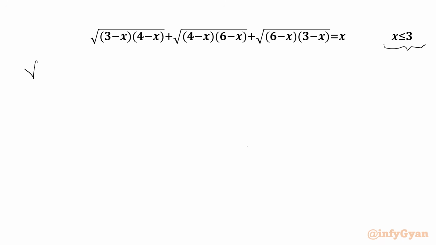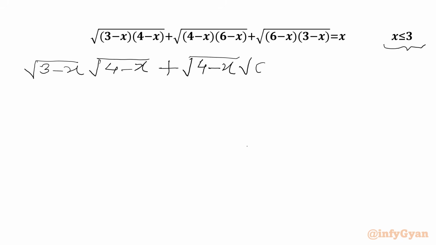We will write square root of 3 minus x times square root of 4 minus x, plus square root of 4 minus x times square root of 6 minus x, plus square root of 6 minus x times square root of 3 minus x, equal to x.